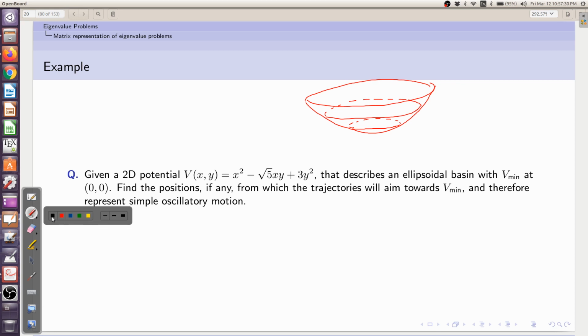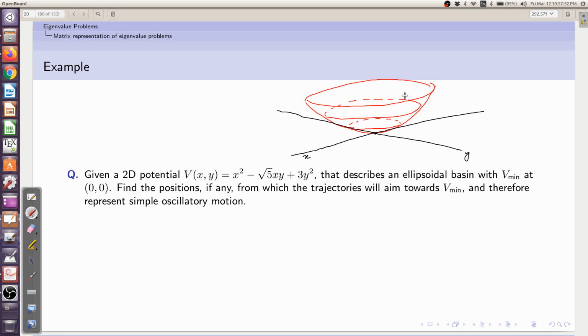Then the minimum occurs over here. This is where the minimum is. It occurs at x equal to 0, y equal to 0. So this is how you can visualize it. The origin, it touches the origin over here. So this is the x-axis and this is the y-axis. This is the elliptical basin.